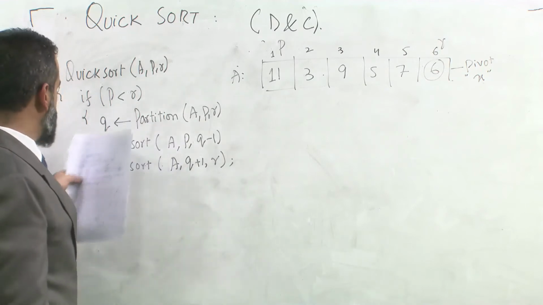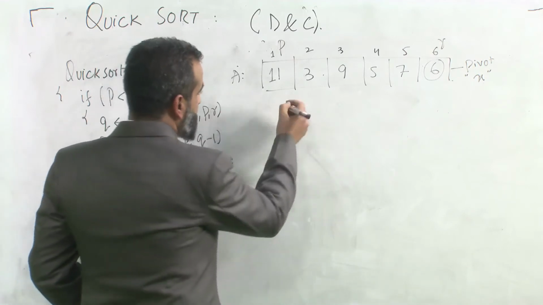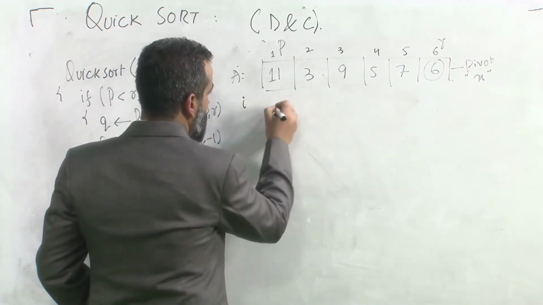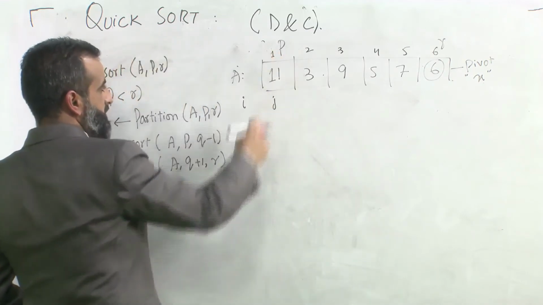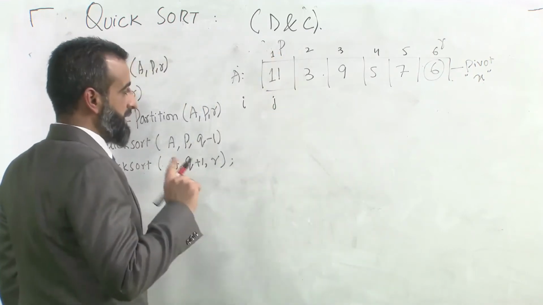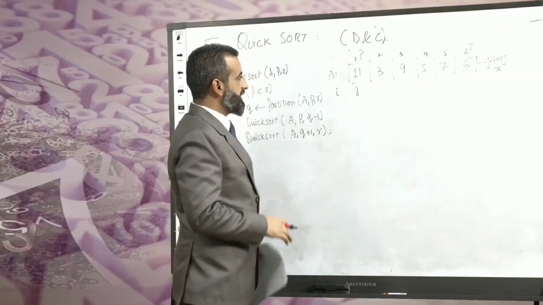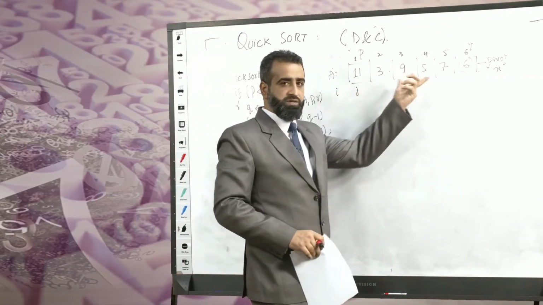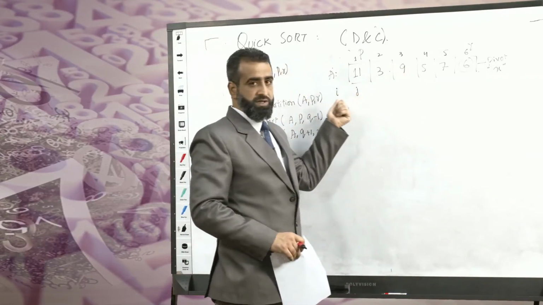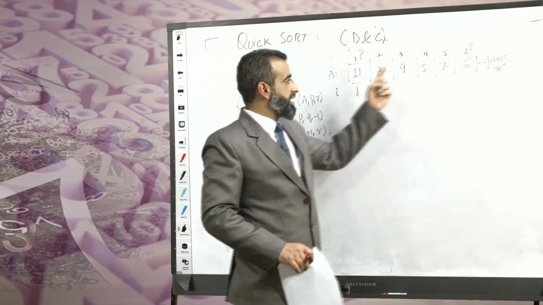which will actually return me my Q. If I make the call to the partition function, again we have two pointers, an I and a J pointer. The J pointer will be pointing towards the first element, which is pointed to by P, and I will be at P minus 1. What we need to do over here is traverse all the elements of the array pointed to by J. We will make the necessary comparisons between all the elements and the pivot element.